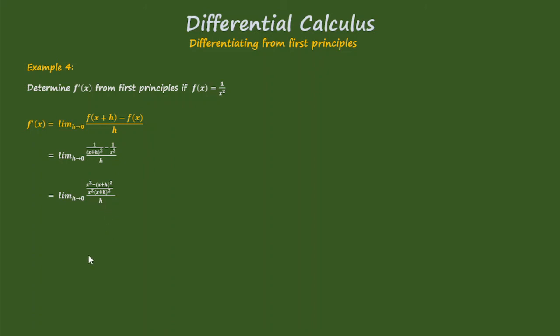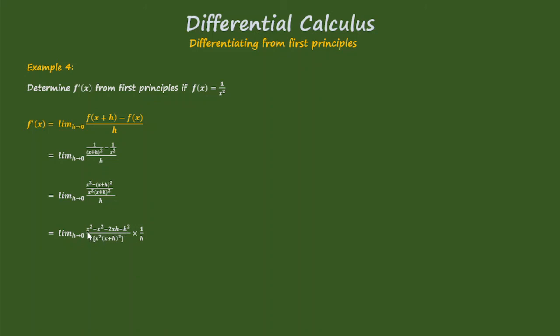So the next part, I actually found the multiplicative inverse of h. Instead of dividing by h, I multiplied by the multiplicative inverse. Then I expanded x plus h like in the previous problems. Therefore, I arrived at this.